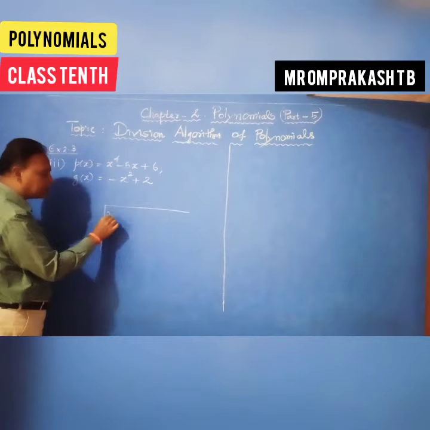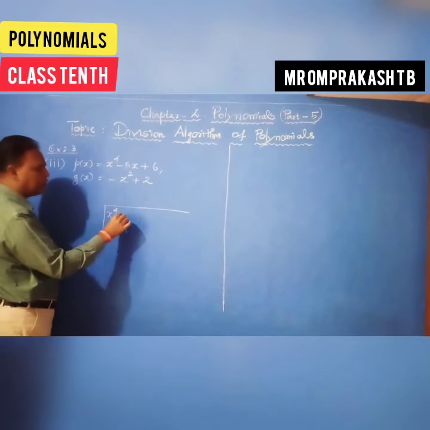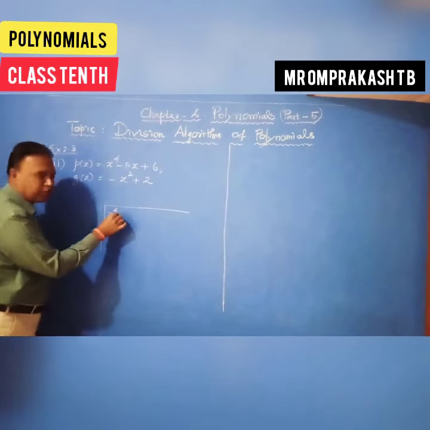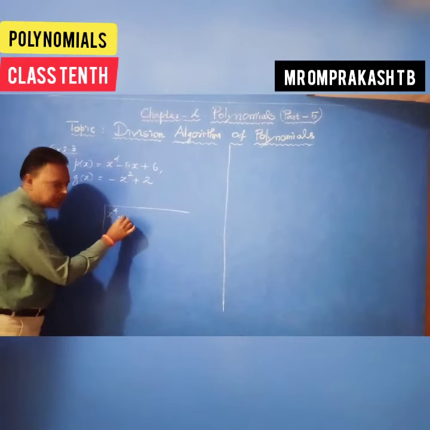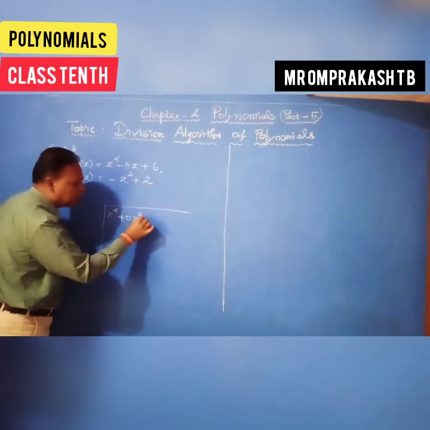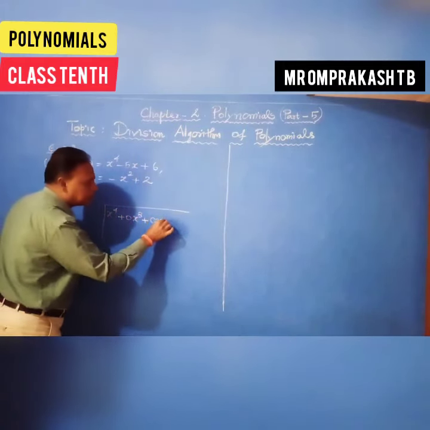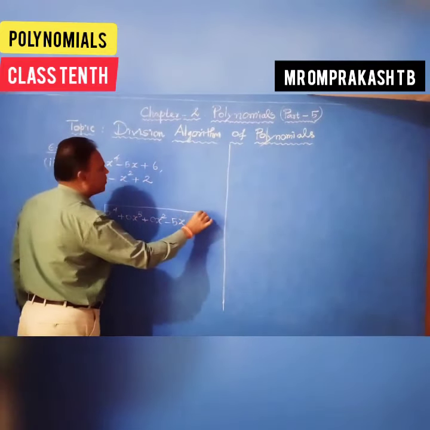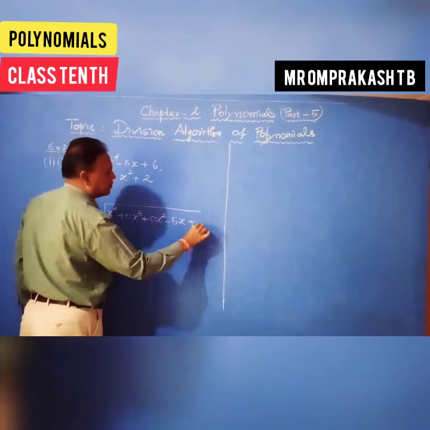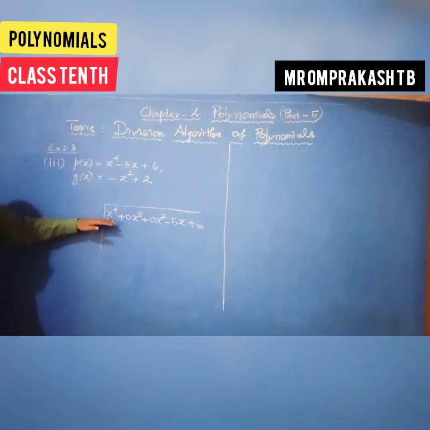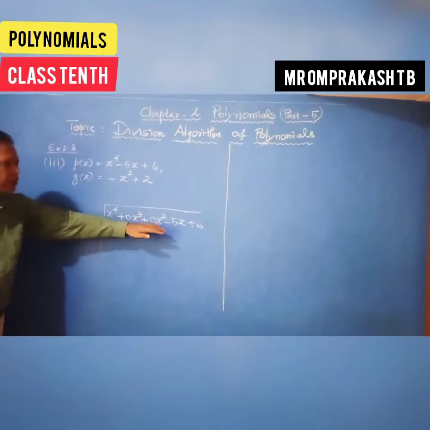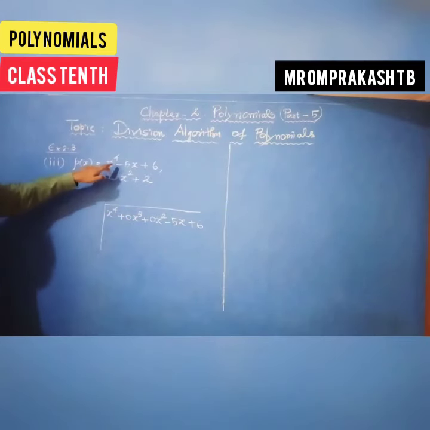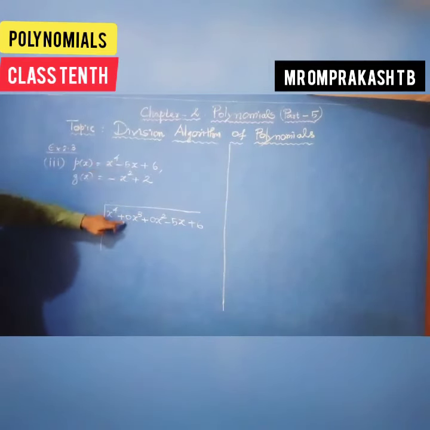So add it using 0. x power 4 plus 0x cube plus 0x squared minus 5x plus 6. Understand? So better to add 0x cube plus 0x squared, since in p of x it is not there. So taking 0, add it.